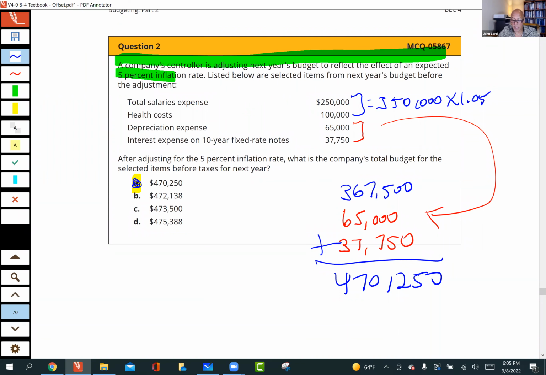If they had said the cash budget, yeah, now we would ignore, not include the depreciation in the calculation. Roy? Yes, exactly. That's what I thought. Yeah. Okay. Thank you. Yep.